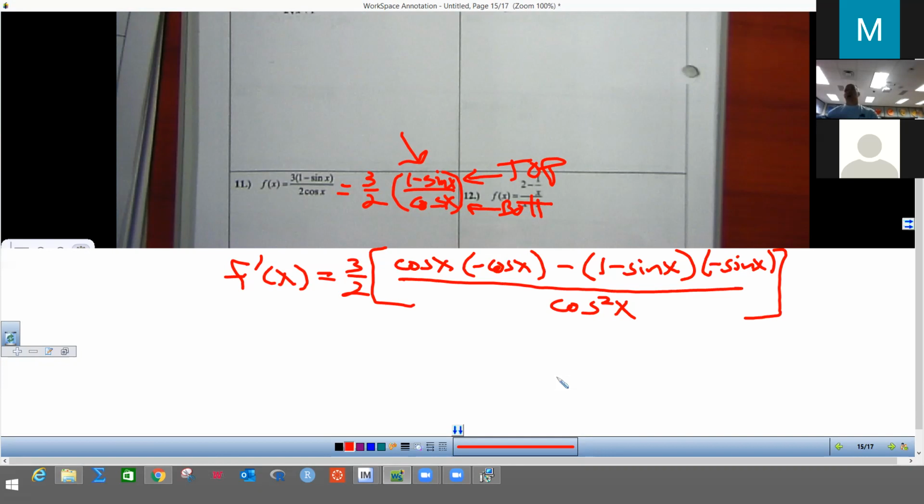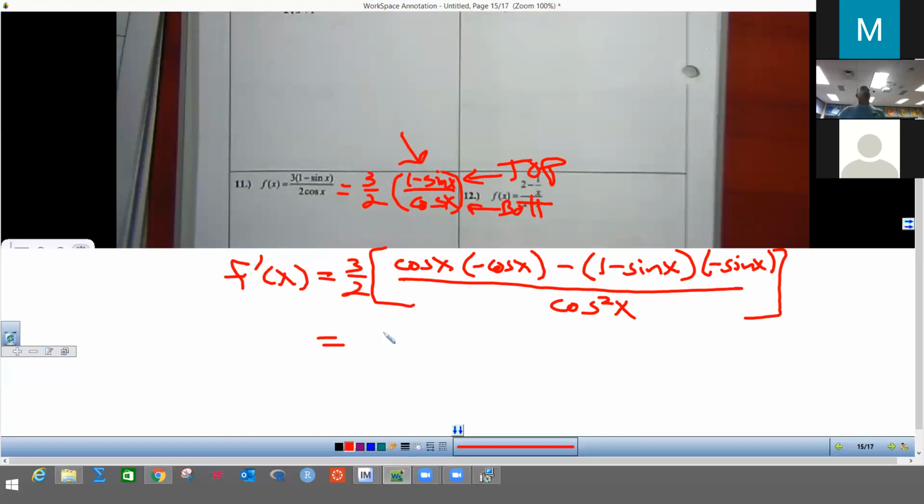And they say low D high minus high D low over low squared. So low means the bottom. D high means derivative of the top, minus high D low, the high, the top, times the derivative of the bottom. So whatever it takes for you to get it.